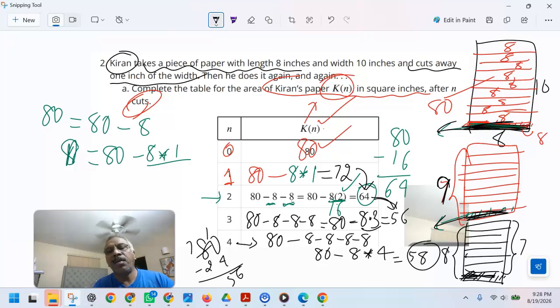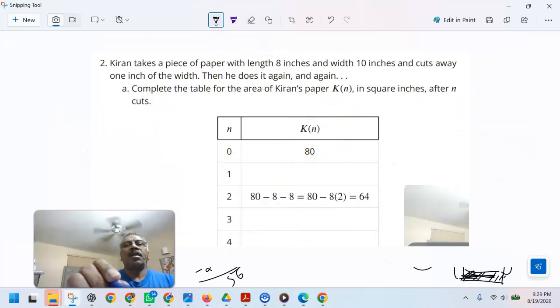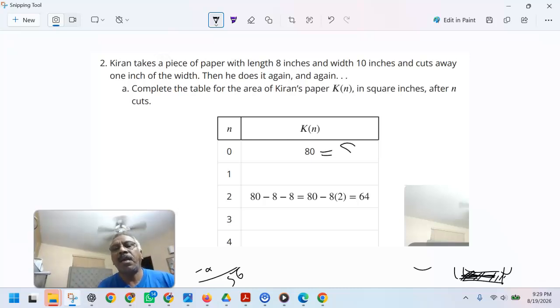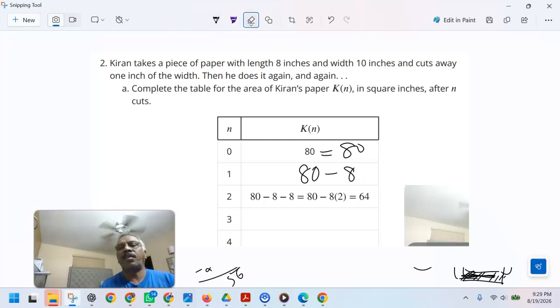So what is the trend here? In the beginning it was 80, then it is 80 minus 8 times 1, then you have 80 minus 8 times 2.